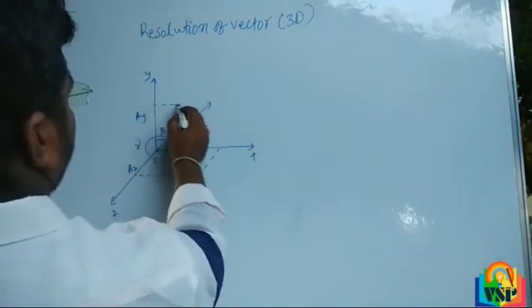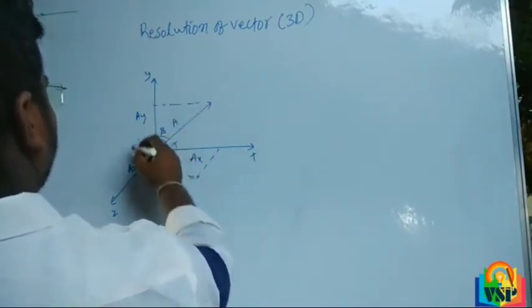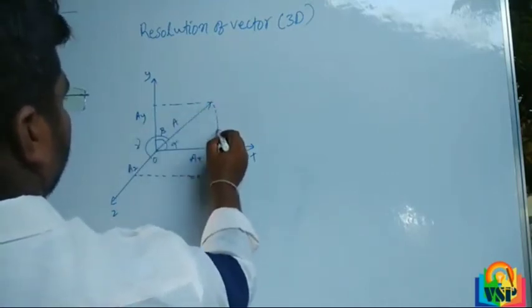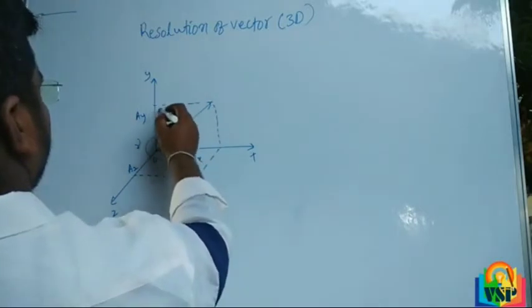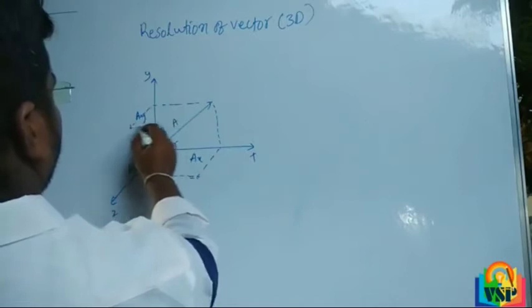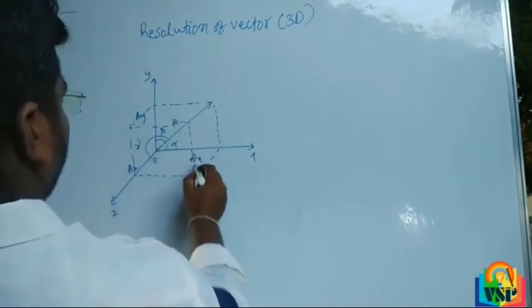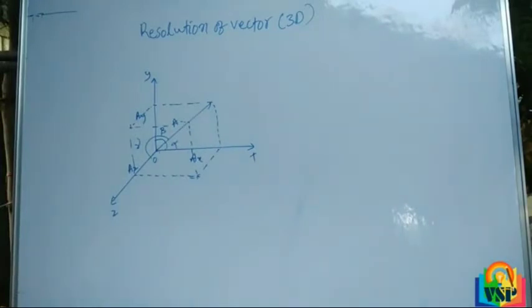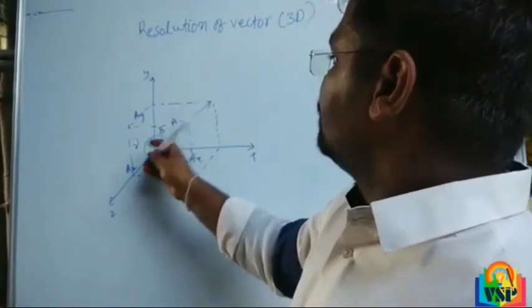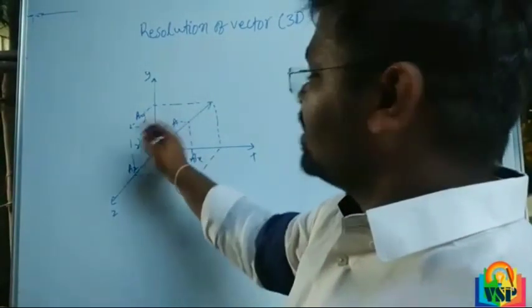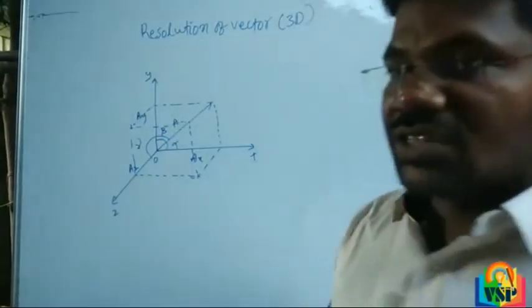Like this. So this is the 3D diagram. The projections or components of the vector along x, y, z are called the resolution of the vector.